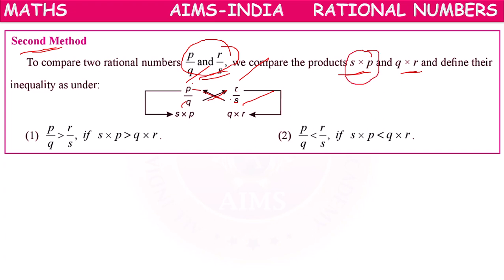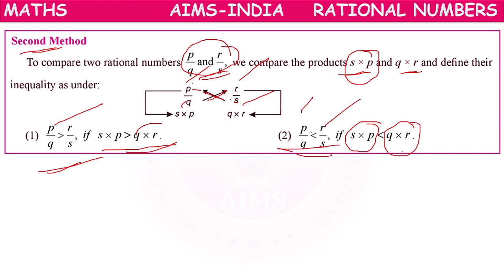If the first product is greater than the second product, then the first rational number will be greater than the second rational number. Or if the first product is less than the second one, the first rational number is less than the second one. Like that we can compare.